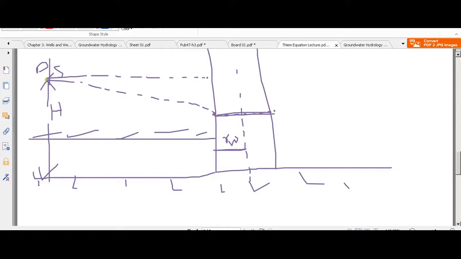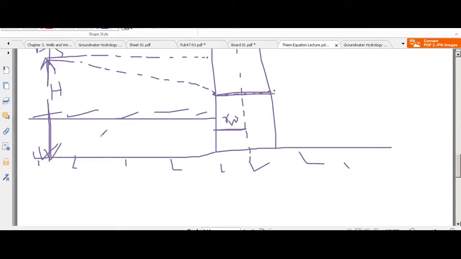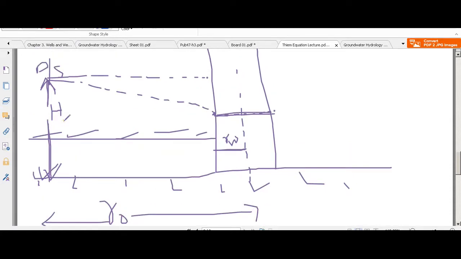This is the radius of the well, which is RW, which is here. This is the height when the water level is at rest, I mean before pumping. Okay, so now this radius I will call R naught, measured from the center line. This is H. And here what can you say about the drawdown?